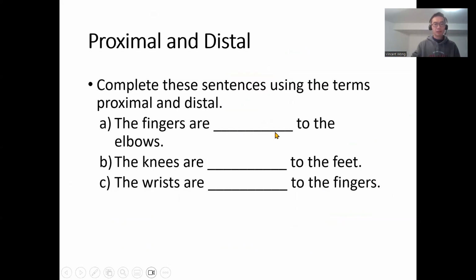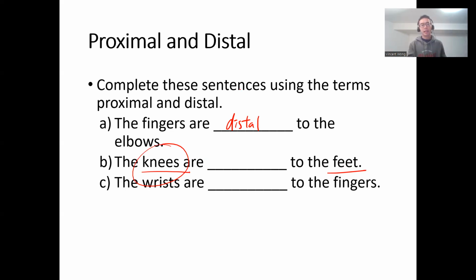So the fingers are blank to the elbows. Fingers are here. It's further down the arm than the elbow. So we say distal. The knees are blank to the feet. The knees are closer to the hip, right?